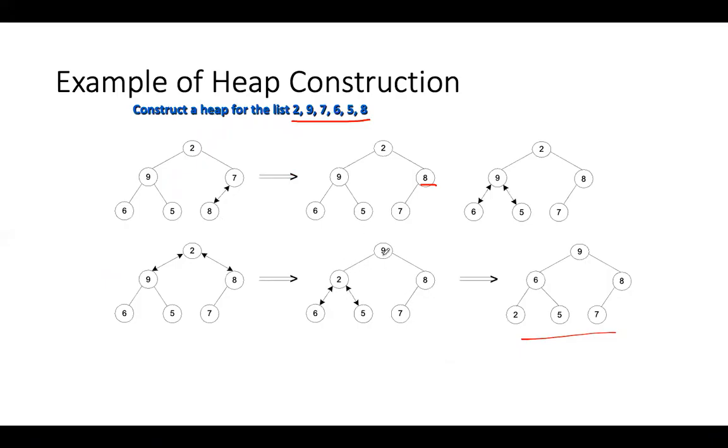For you also it will be very easy when you do it with the help of the tree. First thing is you need to write down the given elements in the form of a tree, and then start with the rightmost parent and come to the leftmost parent and then to the root. So using the tree, if you solve it, it will be simpler.